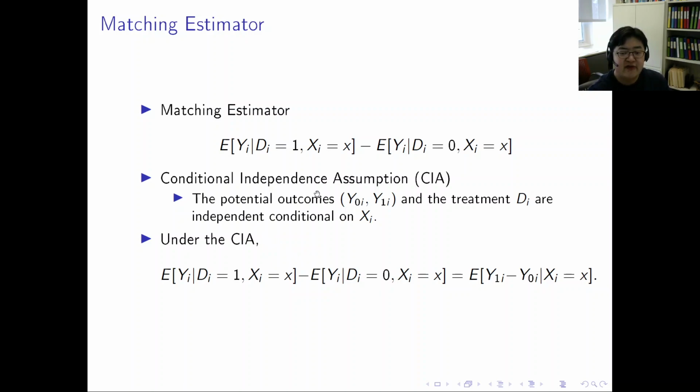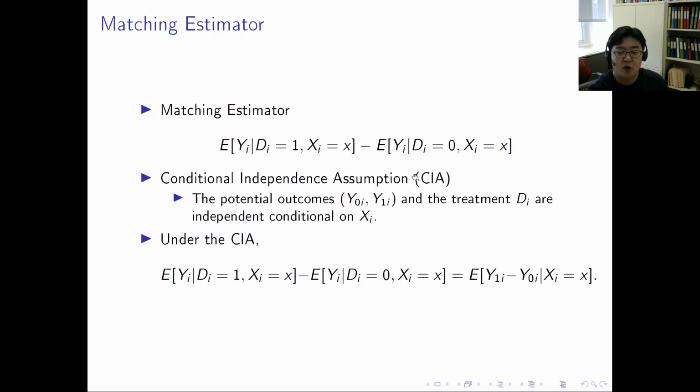If this assumption fails, then that implies this estimator has a selection bias. So that was the main topic in the earlier part of this course. So now we are going to assume that this assumption is true.